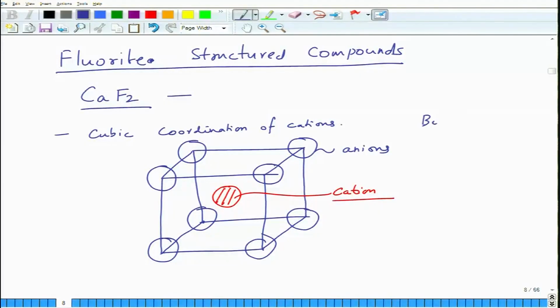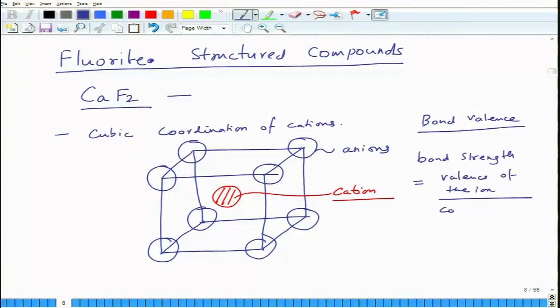So, there is something we look at, that is bond valence, where we calculate a parameter called bond strength, which is equal to the valence of the ion divided by coordination.